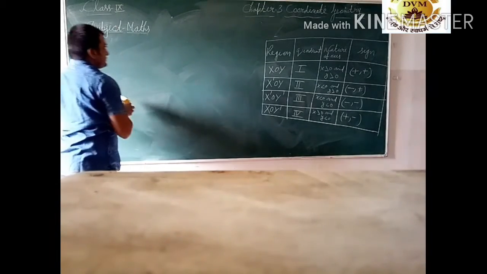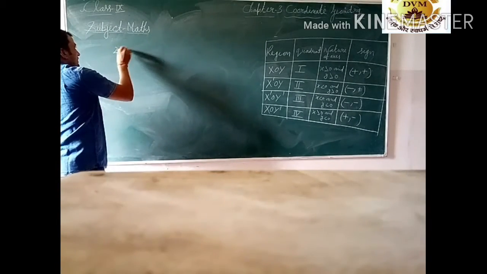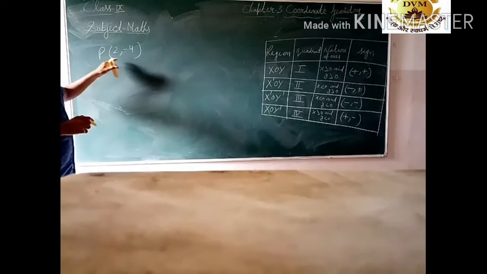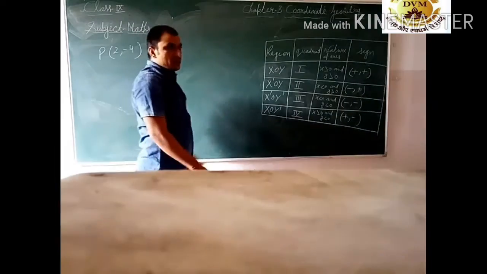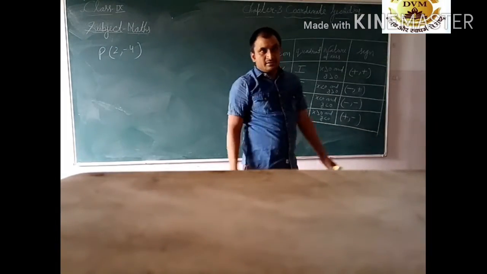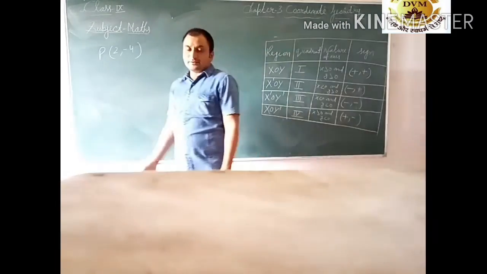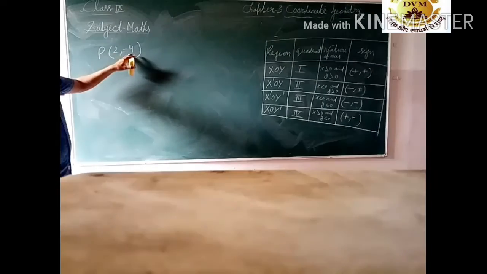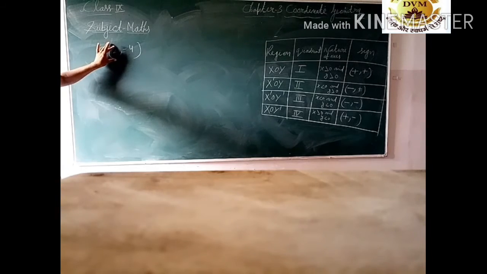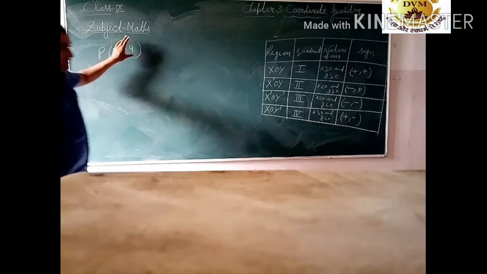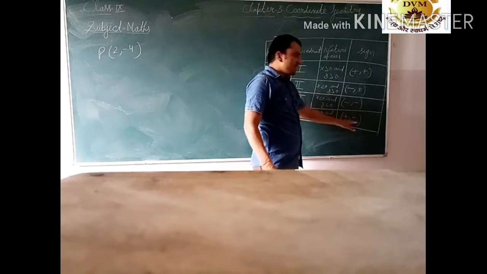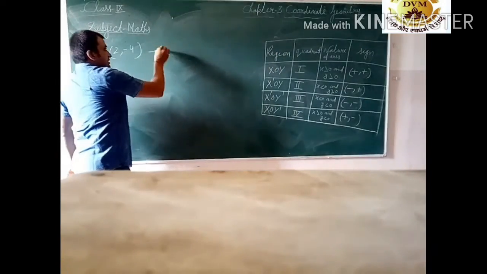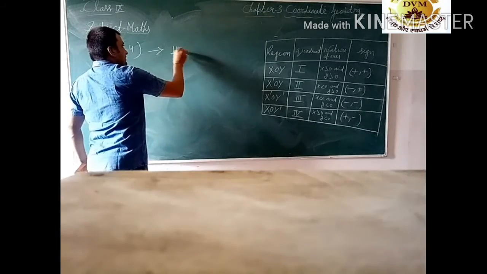Suppose that point P is (2, -4). In which quadrant does it lie? You can check from here: positive of x-axis and negative of y-axis. So (2, -4) lies in fourth quadrant.